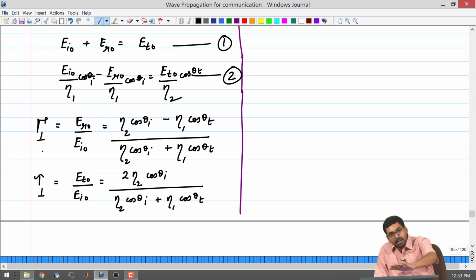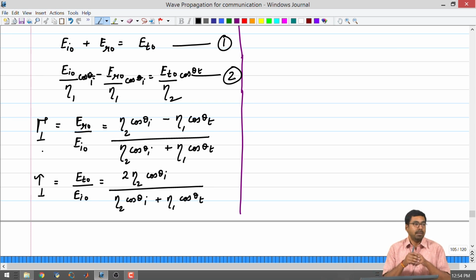In the next class, in a swifter manner, we will write this for the parallel polarization, now that you are aware of how to do this. Then we will draw inferences from what can happen when a plane wave strikes the interface, assuming that only one of the E field or H field flips, and the other remains constant. Okay, I will stop.